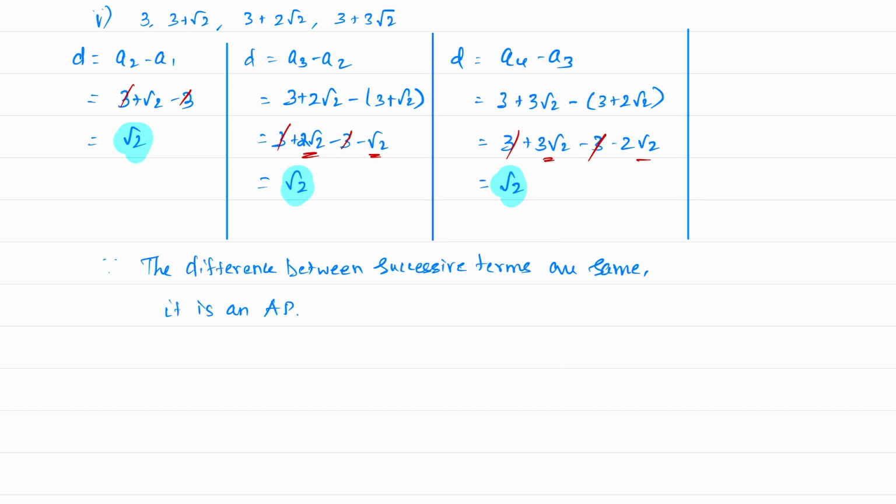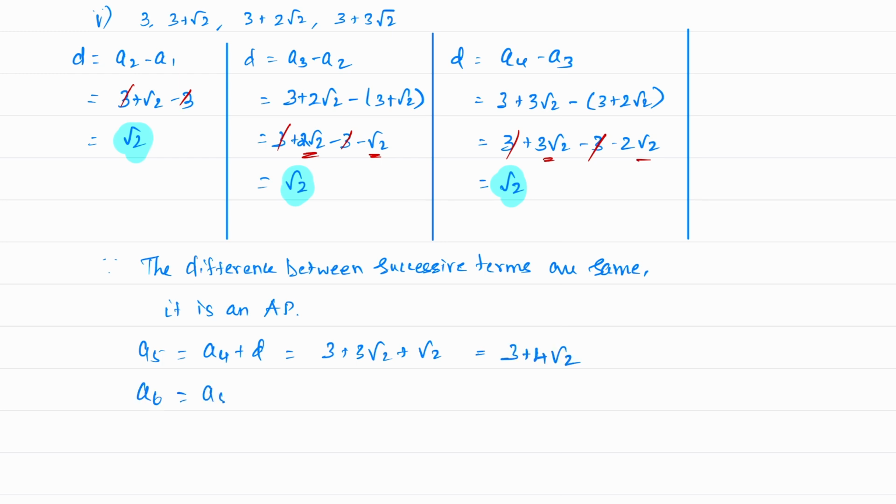Now to find the successive terms, so what next? A5 equals A4 plus D, which is equal to 3 plus 3 root 2 plus root 2, because root 2 is the common difference. Now this is equal to 3 plus 4 root 2. What about A6?